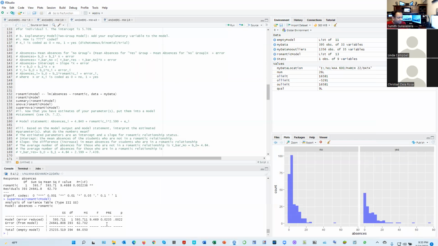That's the value: almost 2.35%. Nothing has been explained.